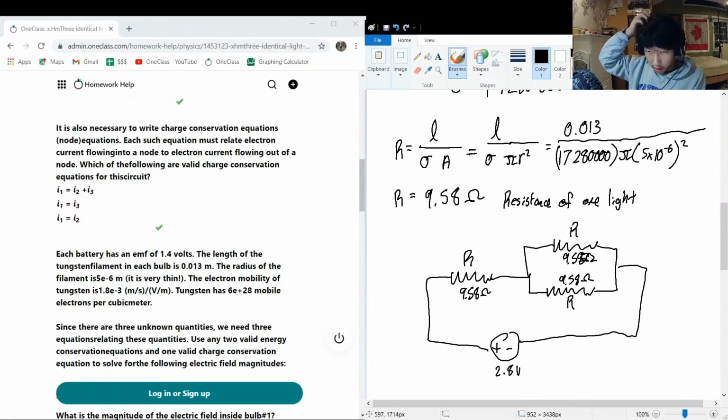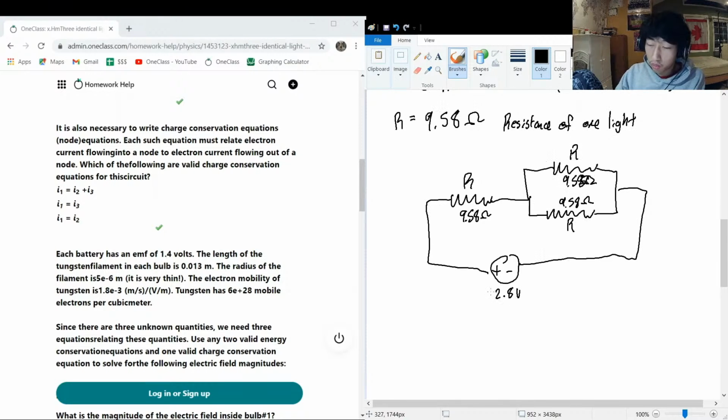Okay, so let's combine this into a single resistor. To get the equivalent resistance of this entire circuit, Req is equal to R plus 1 over R plus 1 over R, to the negative 1. As you can see, we have two parallel resistors, and those two parallels are in series with another one.